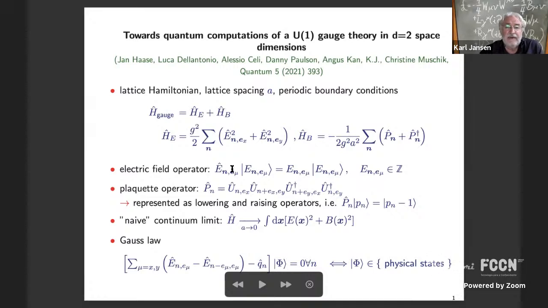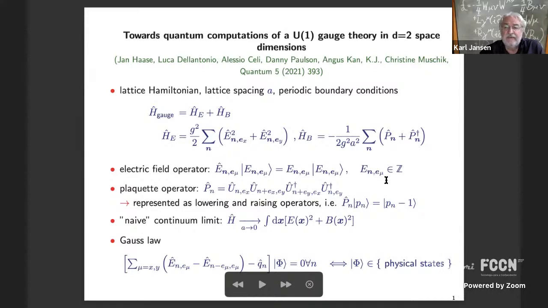In the electric part, we have the electric field operators at the point n in direction either x or y. In the magnetic part, we have the plaquette operators, which are given here. This is all multiplied with g squared for the electric part and 1 over g squared for the magnetic part.